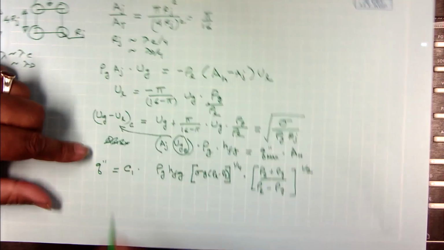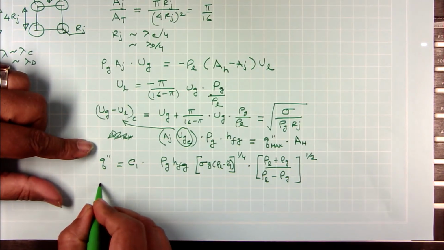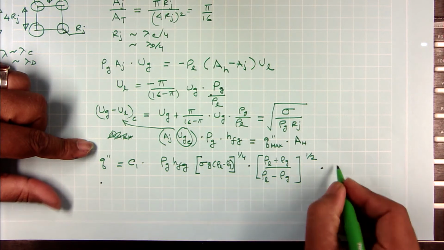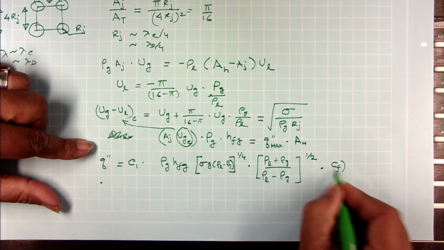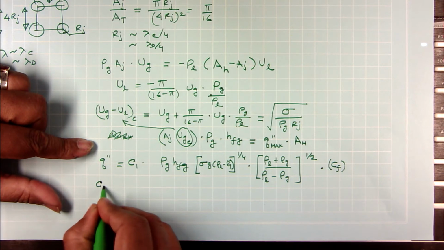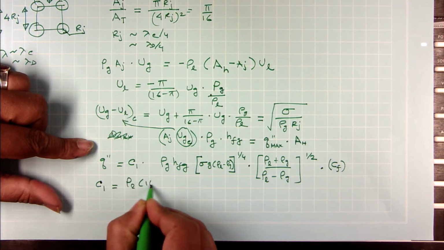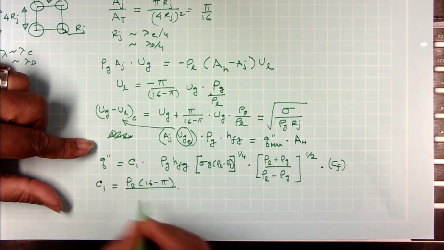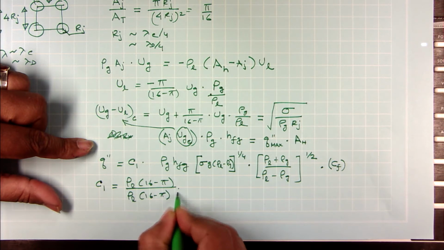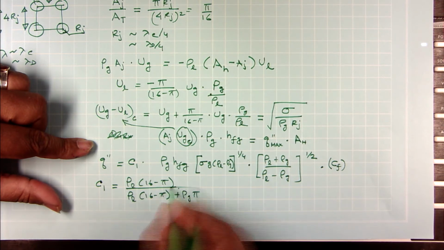So, according to Zuber, there was a correction factor, let us call it CF. According to Zuber's calculation, this C1 will be rho L times 16 minus pi divided by rho L times 16 minus pi plus rho G times pi.